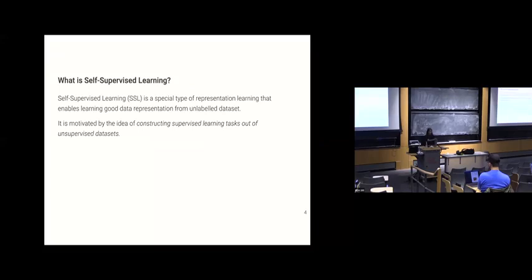There is this topic of self-supervised learning, which started around 2015, let's say, or 2014. It's a type of representation learning. You want to learn representations from unlabeled data. It's different from supervised learning, which is about learning representations using supervised labels.